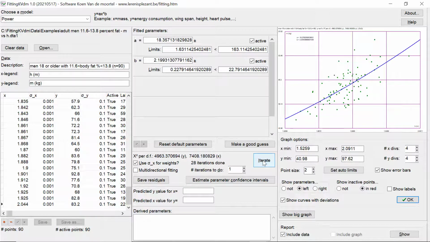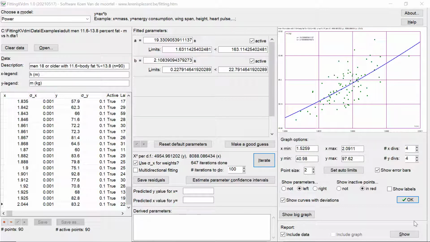The exponent becomes 2 point something. I will speed it up a little bit. So you see it stays around 2.1 something, and that is probably why everybody thinks that the mass is proportional to the second power of the height for the last 200 years.